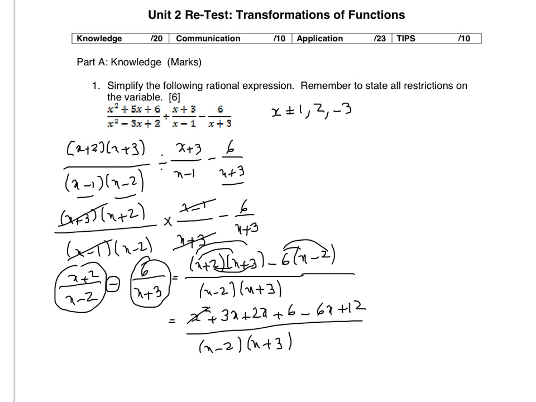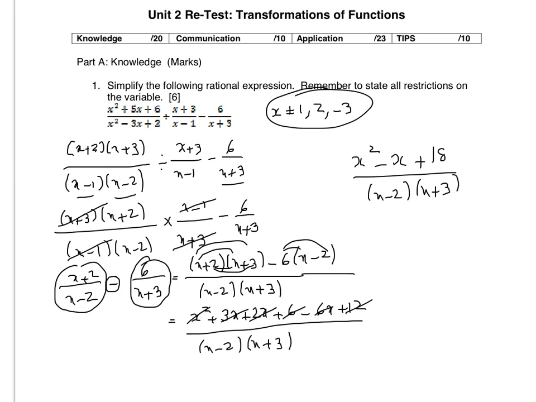Now x squared has no like term, so I get x squared. 3x and 2x is 5x, minus 6x gives me negative x, and 6 plus 12 gives me 18, over x minus 2 times x plus 3, and the restriction is also x cannot be equal to 1, 2, and negative 3.